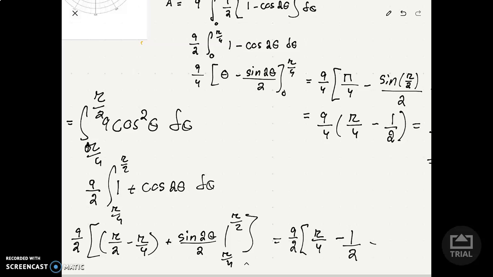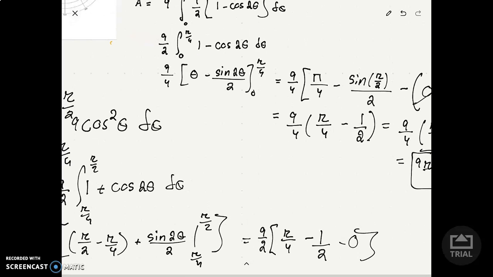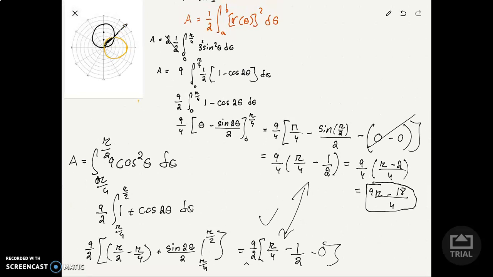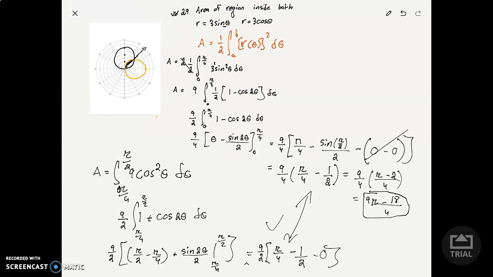You can see that this expression is identical to the earlier one, so we know we did it right. And there you go, two different ways of setting it up, both of which are correct. Again, the idea here is to use this formula and somehow use symmetry to only use one of the functions, limiting it between two values of theta.